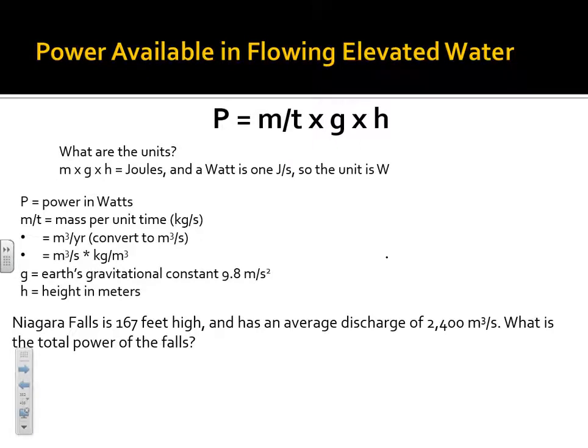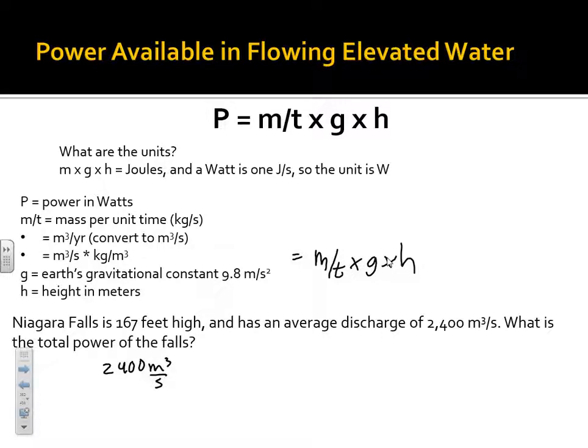All right, so let's go ahead and work through this. Niagara Falls is 167 feet high. So we need mass per unit time times G times H. In this case, you have to do a little bit of unit conversion. First of all, let's start with mass per unit time. We know that we have a discharge of 2,400 cubic meters per second.